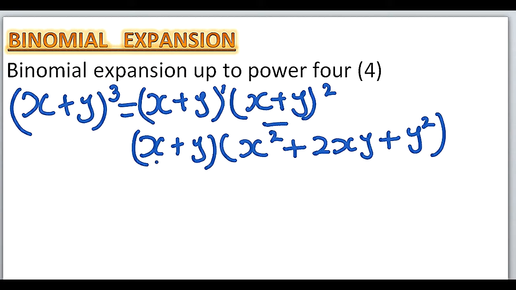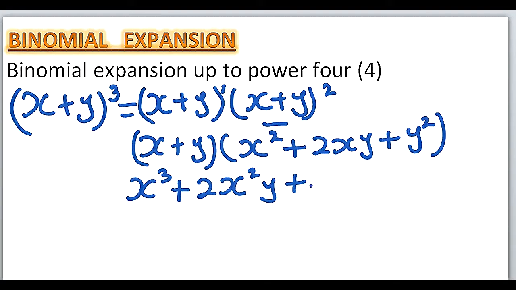So we only need now to expand here. Multiply x multiplied by x squared, so that will give us x cubed. x multiplied by 2xy, that will give us plus 2x squared y. Then we multiply x multiplied by y squared, there we will get xy squared.